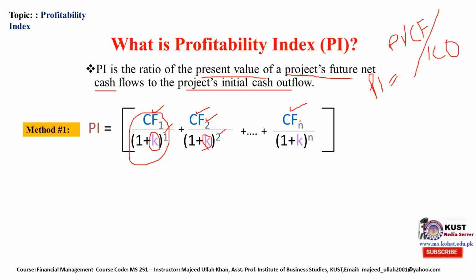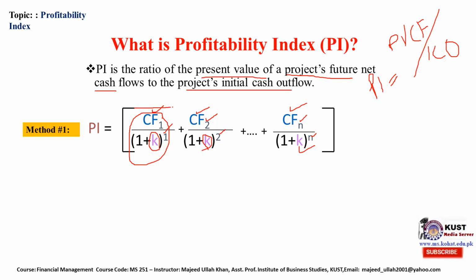This is the cash flow for the nth year, future cash flow that will be generated by the project as we undertake it, or as we are going to accept it. Then the future cash flow for the nth year will be discounted with discount rate of k for n years.